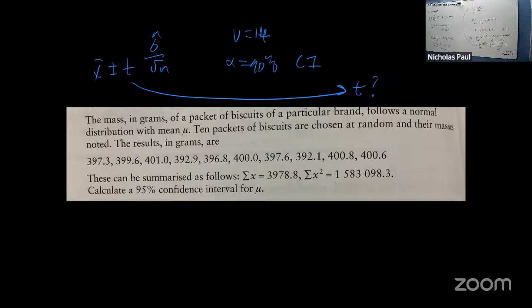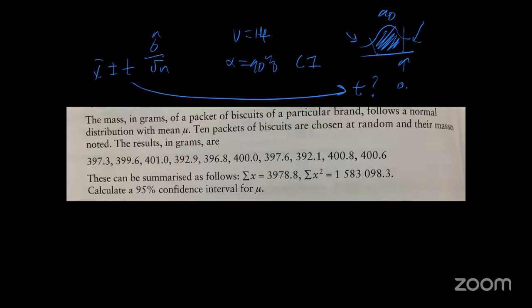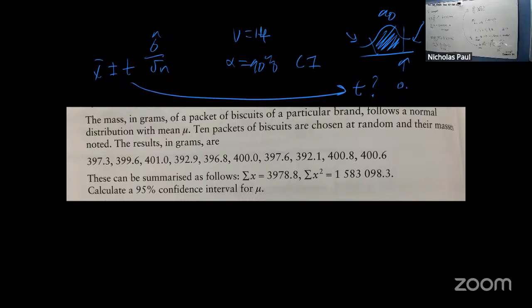Ramsu, check it back. Remember, it's 90%. Here is 90%, so try to figure out what's here and here, and then you will figure out what value you're looking at. Bradley, check back yours. 90%, 14 degrees of freedom.